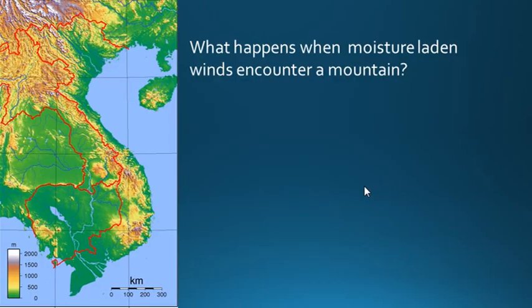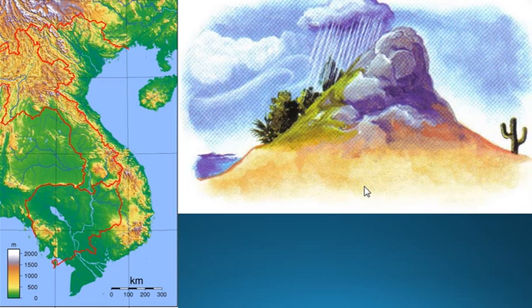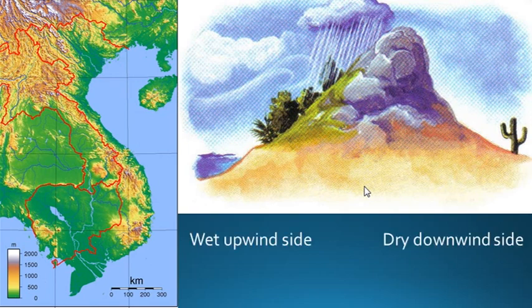So what happens when moisture-laden winds encounter a mountain? As the air is forced up, the water vapor condenses and releases its latent heat. Descending, drier, warmer air creates an arid climate on the downwind side.